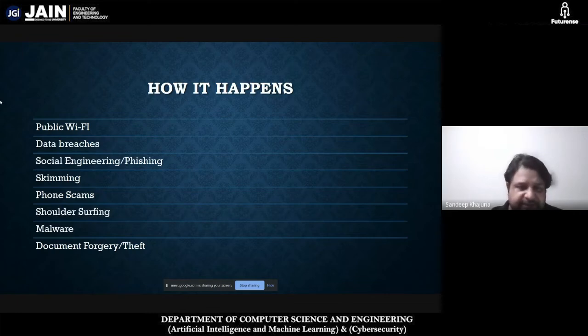So the last thing is document forgery or theft. It was not related to the tech world, but before the internet times, somebody else's degrees, somebody else's documents were pretty important to be someone, when people were not able to establish that the person holding the degree would be the right person.